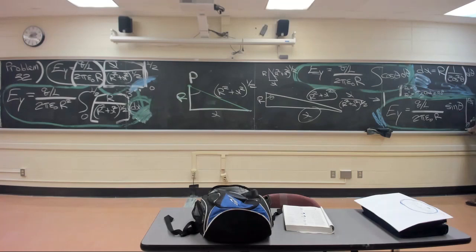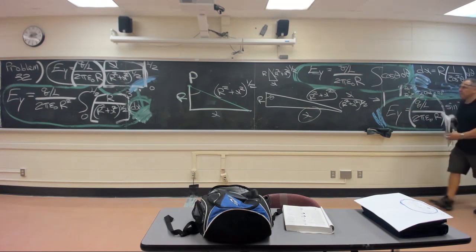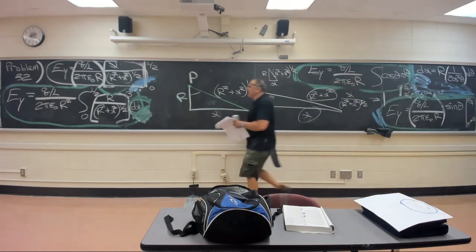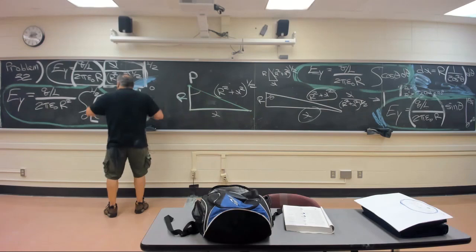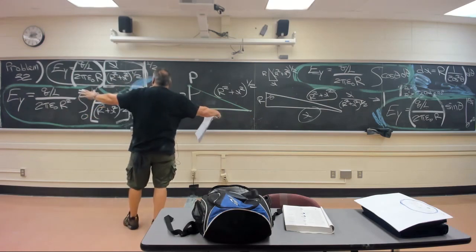Theta 0, that's 0. Theta pi over 2, that's 1. You'll get just this for an answer at the end. If this was an infinitely long rod, you guys, there's your answer, period, for any length you want.